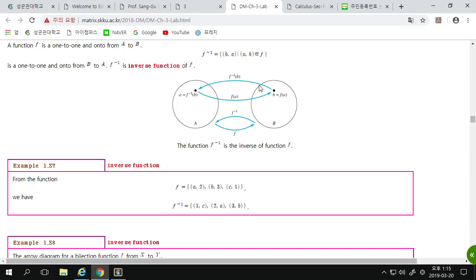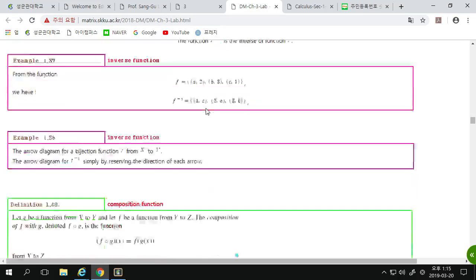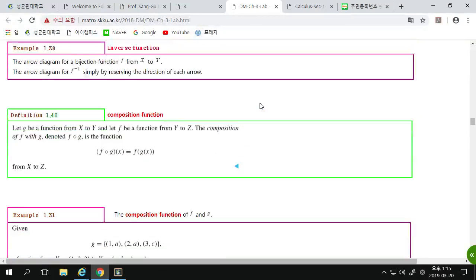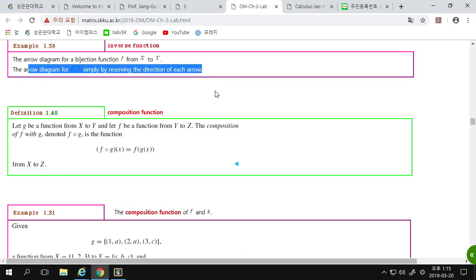Like F goes here and F inverse sends the element back. The inverse of this function is 2 goes to A, 3 goes to B, 1 goes to C. That's the inverse function. It can be written in coordinate notation. In the arrow diagram, you simply reverse the direction: F goes here and F inverse goes the other direction.